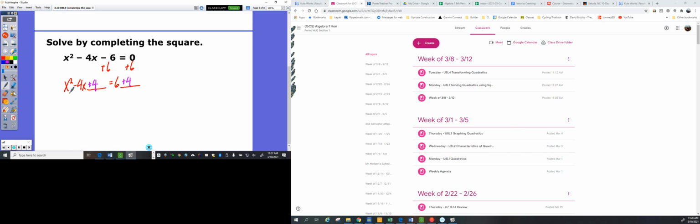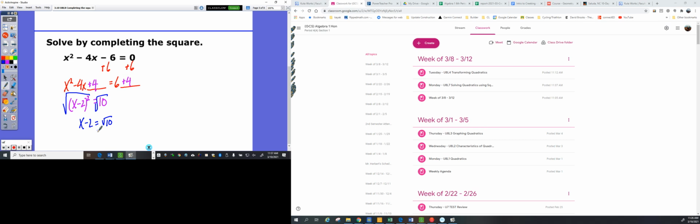So now we factor this. So x minus 2 squared equals 10. Now, this is going to be a little bit different in how you're going to present your answer. Because if I take the square root of both sides, and I get x minus 2 equals square root 10, I don't want you to simplify this.